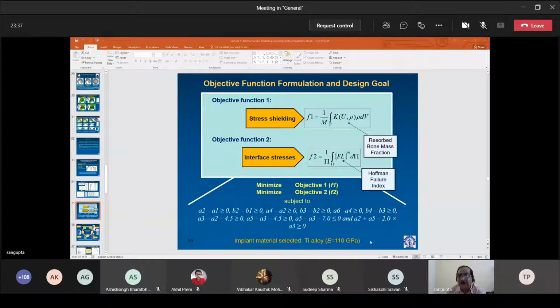So we had jointly come up with this work, a numerical framework or numerical optimization technique to handle 3D shape optimization. Okay, and we had applied it on this hip prosthesis, right?